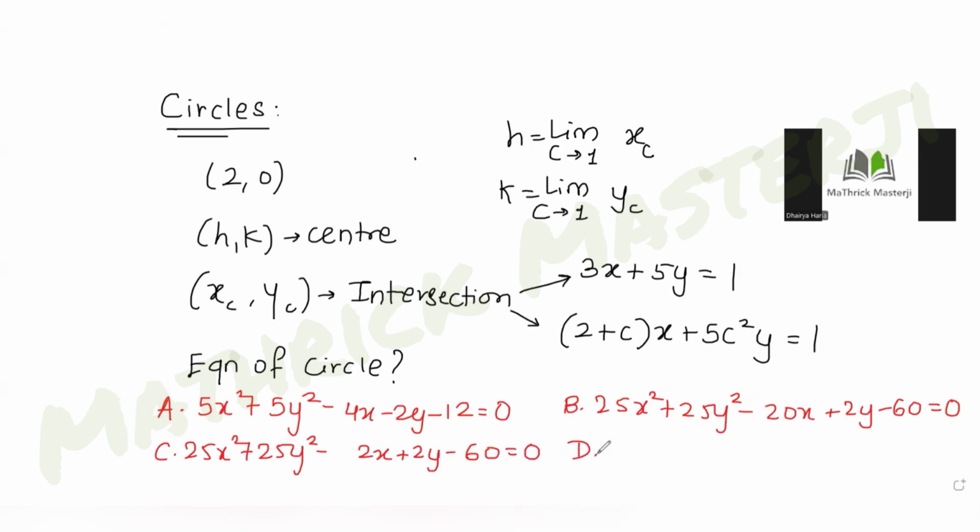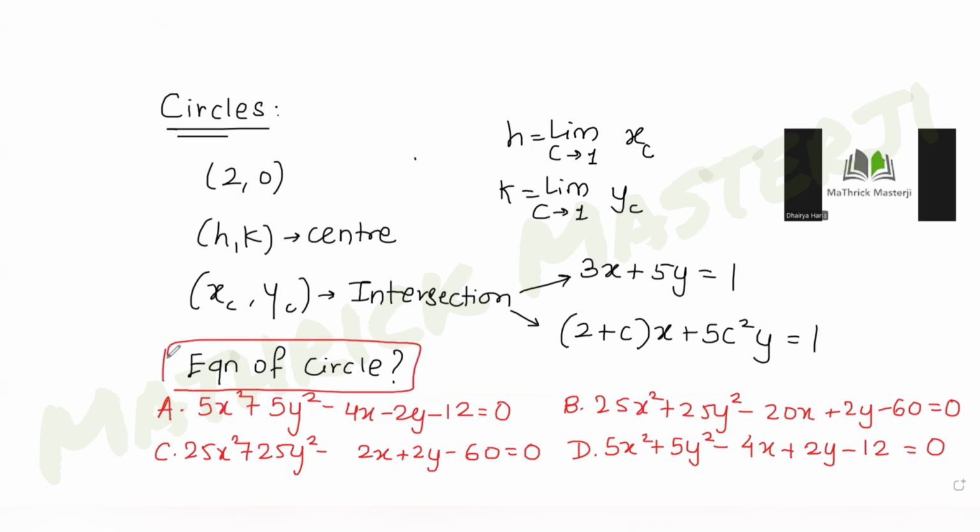And the last answer choice is 5x² + 5y² − 4x + 2y − 12 = 0. So we have to figure out which one of the answer choices is the correct equation of the circle that is asked.